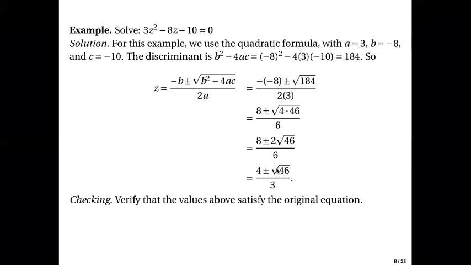One is the plus part here. The second one is the minus part. This guy here is actually 4 plus square root of 46 over 3 and 4 minus square root of 46 over 3. So those are two different numbers.